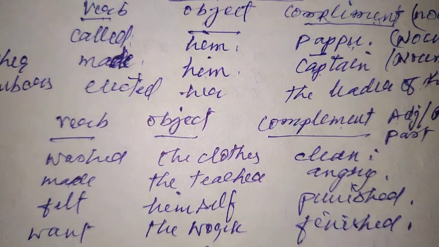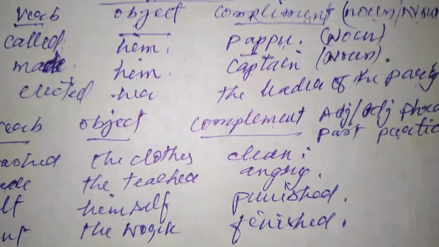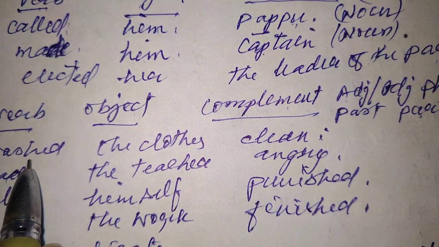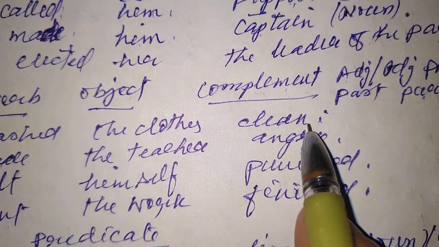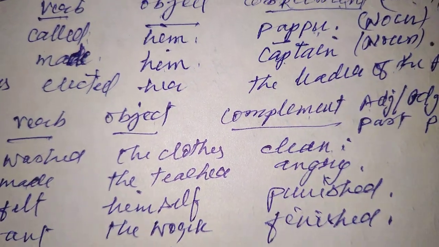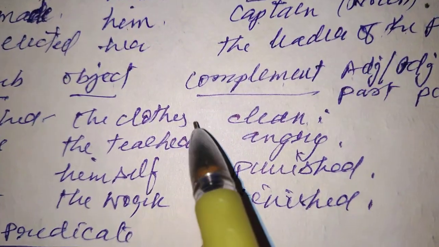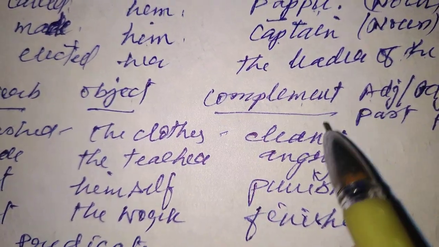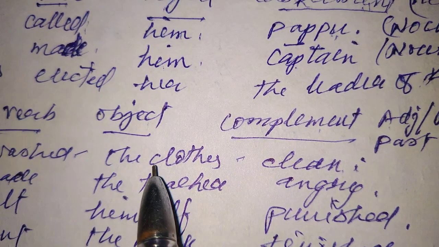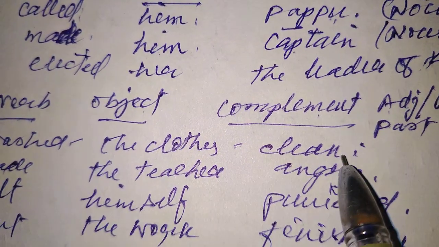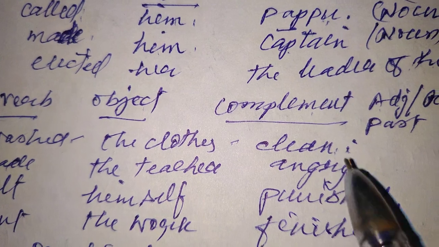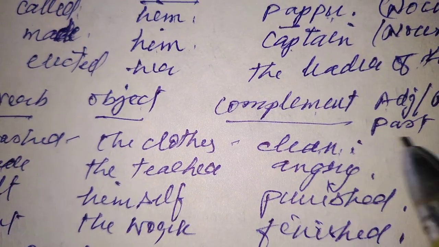Let us see how they are made with the adjective phrase or the past participle form. She washed the clothes clean. She is the subject, washed is the verb, the clothes is the object, and the complement given to her washing is clean. Clean is an adjective word.